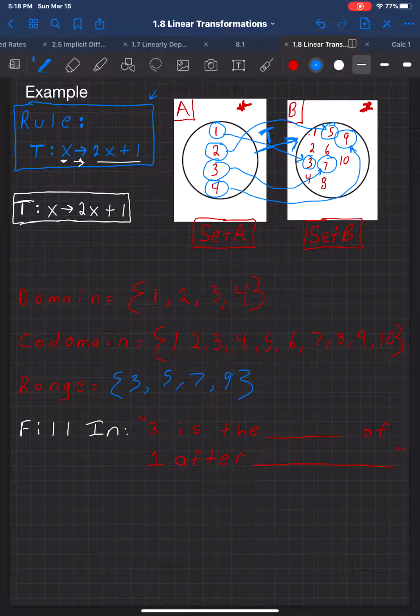All right, beautiful. This last little part says fill in. In quotation marks, it says 3 is the blank of 1 after blank. So 3 is the, ready? Looking back at your vocabulary, 3 is the image.